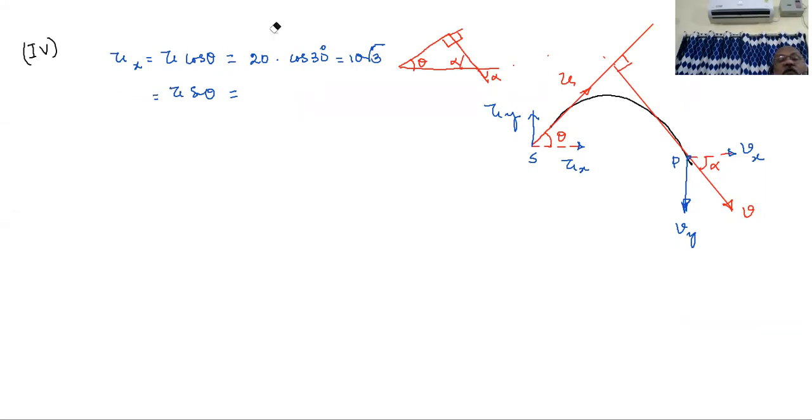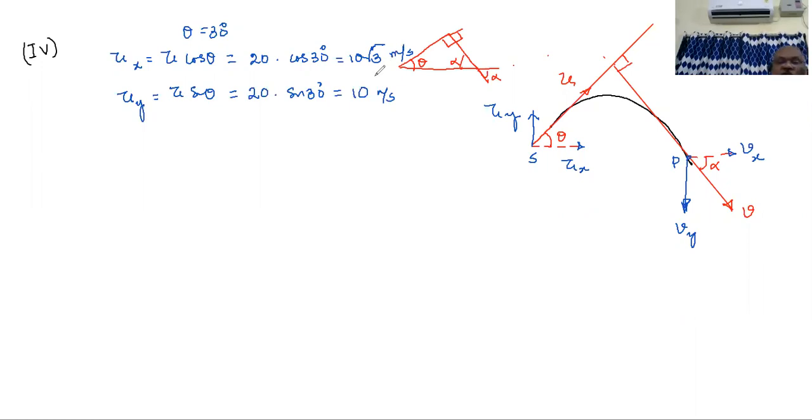That is not Vx, that is Uy. Uy will be equal to u sin theta, and because u equals 20 and theta equals 30 degrees, sin 30 degrees is 1 by 2, so that must be 20 into 1 by 2, that is 10 meter per second. When you are writing fast, you can dispense with writing the units, because you have already crossed that stage.